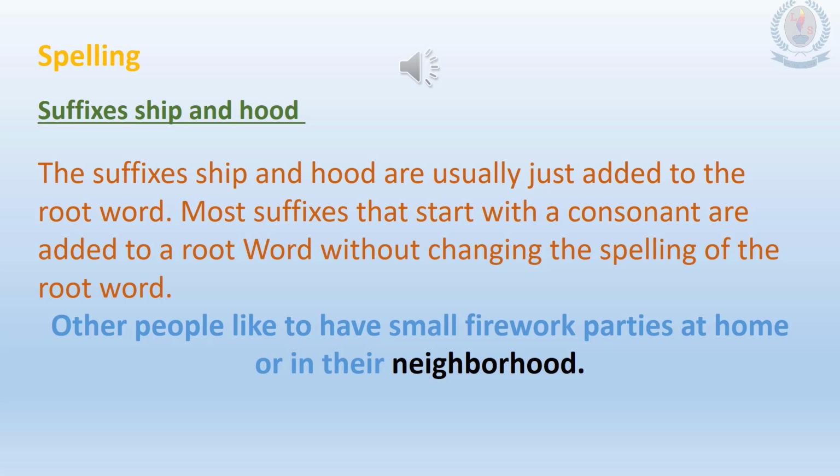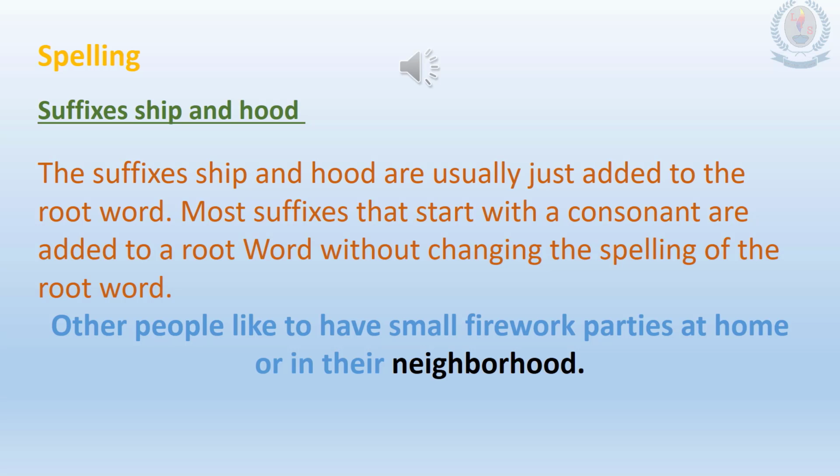Most suffixes that start with a consonant letter are added to a root word, the main word, without changing the spelling of the root word. So without changing the spelling of the root word, we are adding ship and hood.